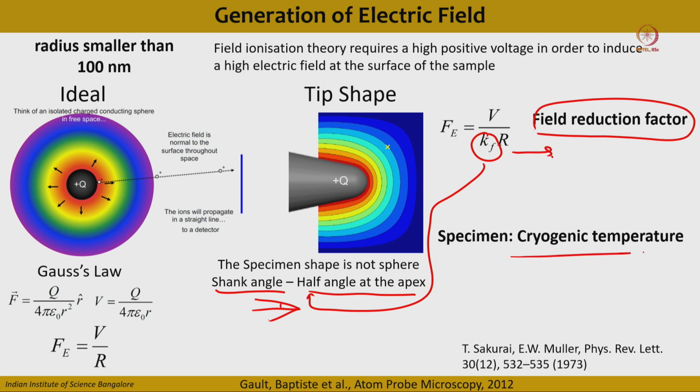And the importance of cryogenic temperature: it is important to lower the thermal agitation of the surface atoms. If this is done, the thermal accommodation of the imaging gas is more efficient, and this is due to the reduction in the thermal energy, which is directly related to kBT of that particular imaging gas, fine.